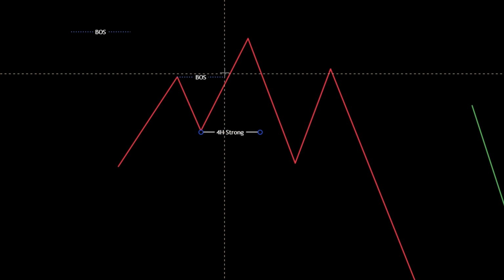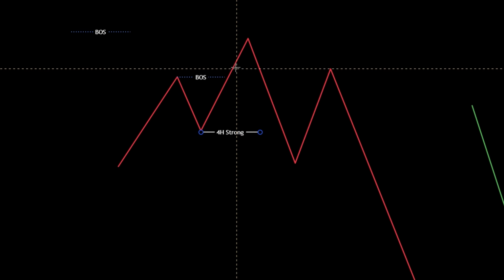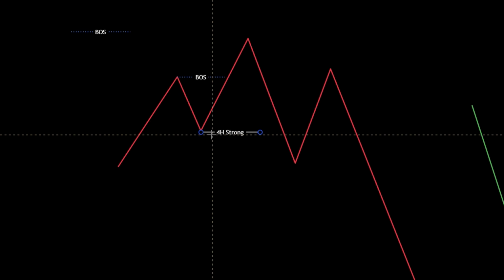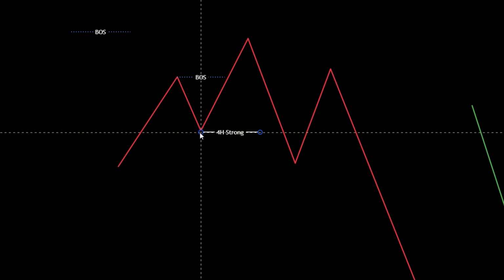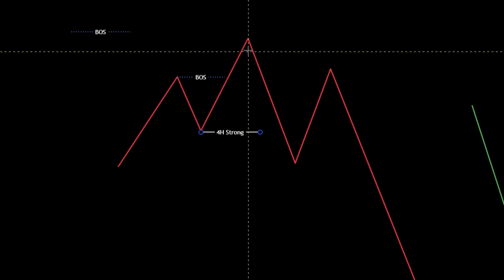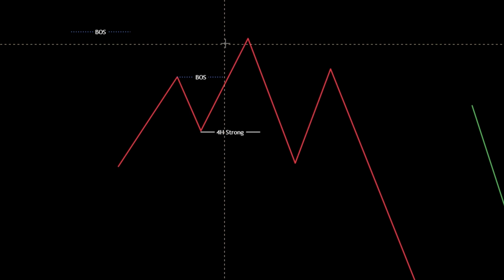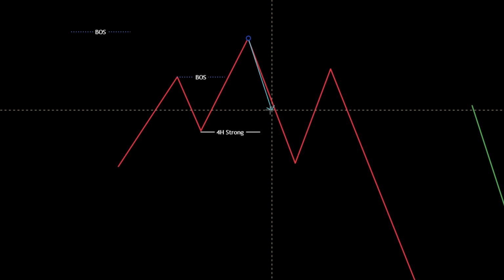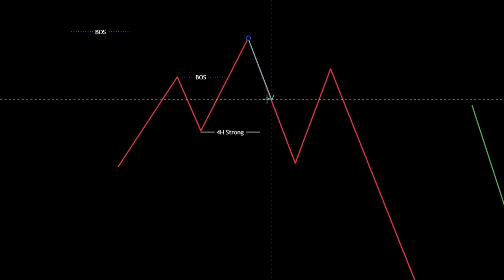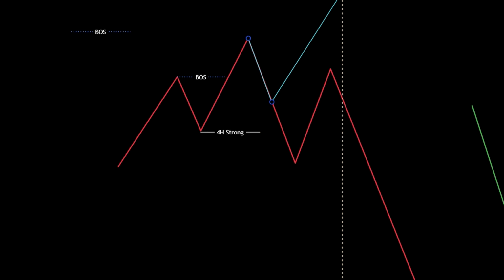What we expect then is that when price has broken this with the breaker structure, it creates this 4-hour protected low, or strong low. And when price comes back down after it's formed the high and has a pullback, we expect the pullback and then a further expansion.